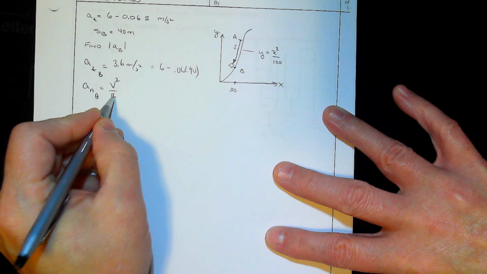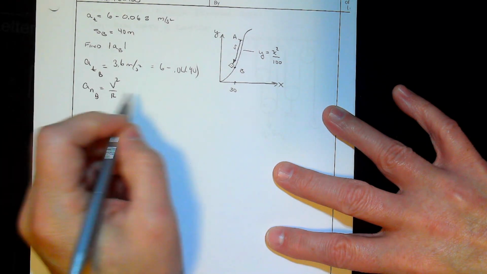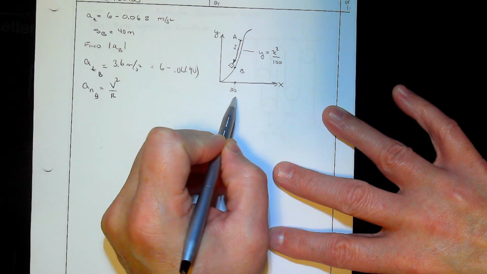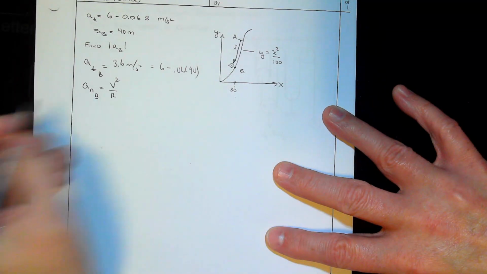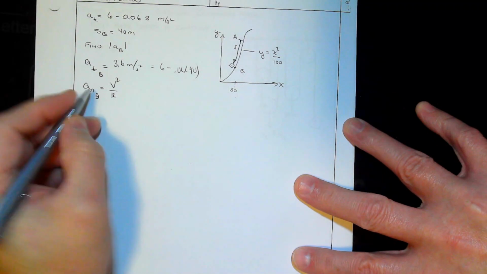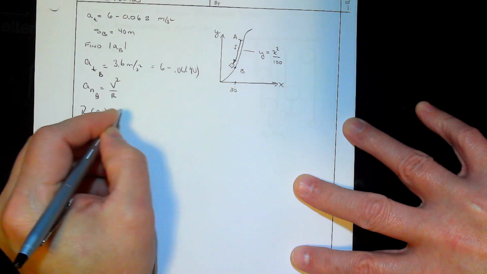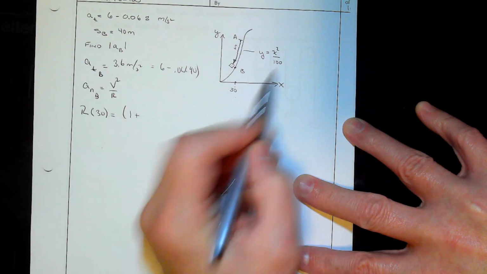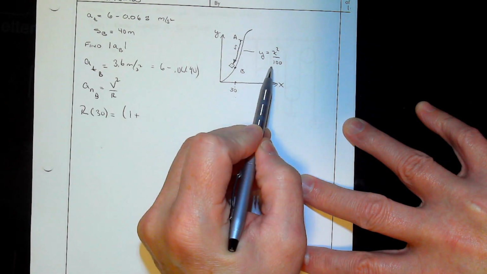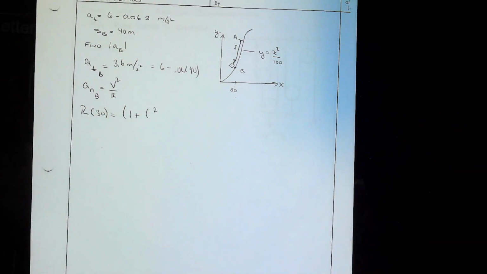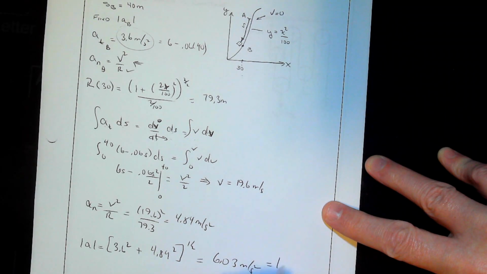Now, we're going to need r. B corresponds, notice in the drawing, to x equals 30. Well, we can get r in the now usual way. R at 30 is simply 1 plus y prime squared, to the 3 halves, over y double prime. Here's y as a function of x. Take the derivative, that's 2x on 100.